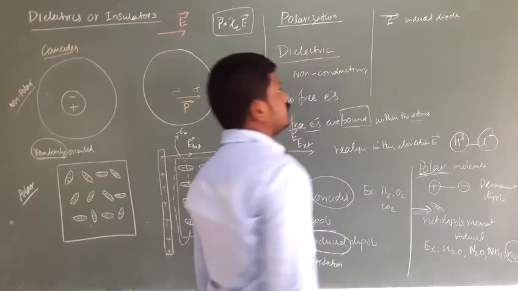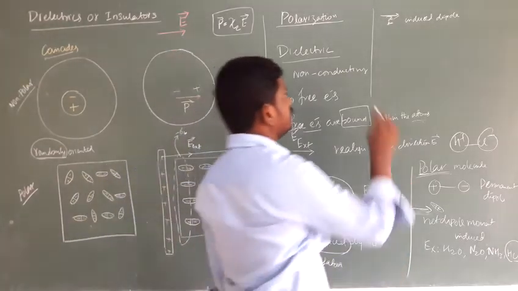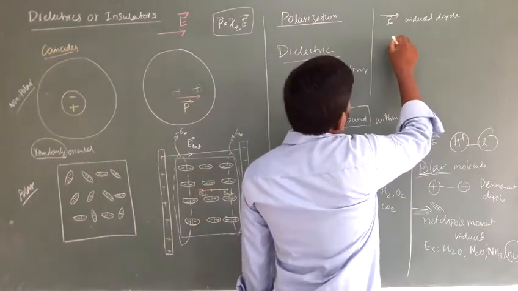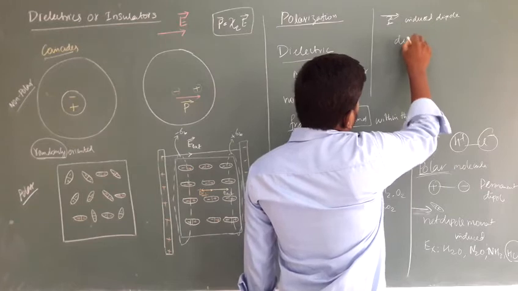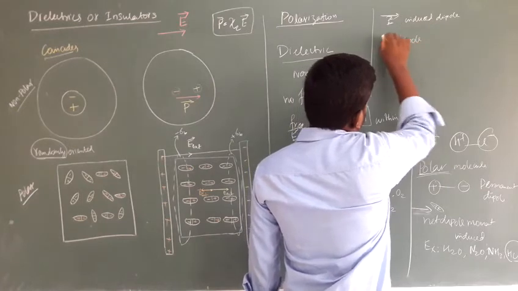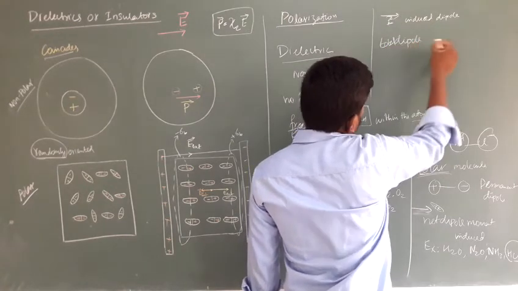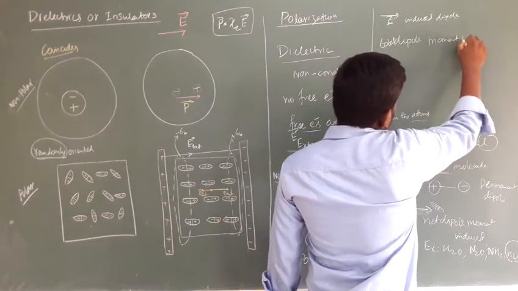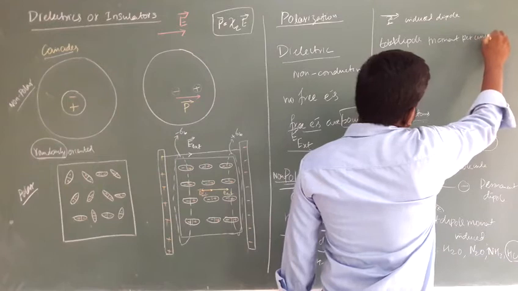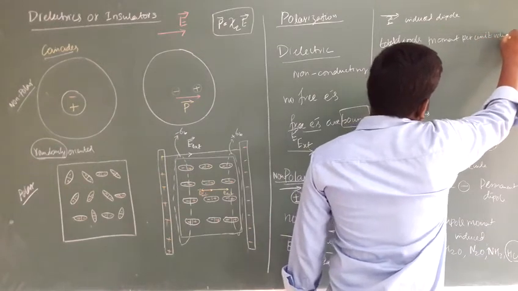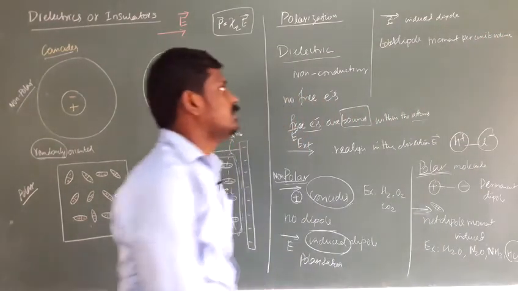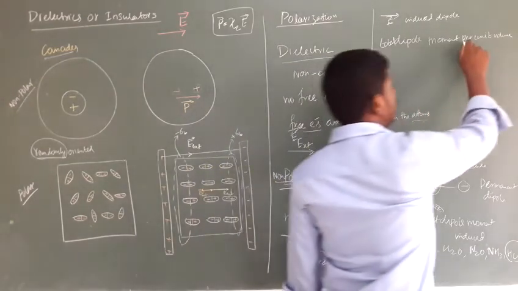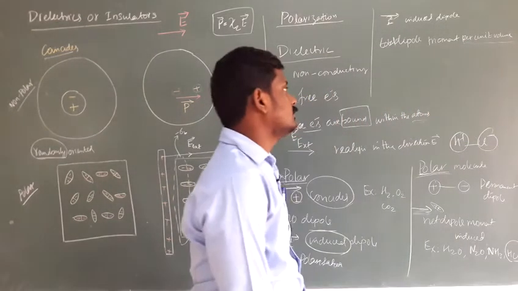Polarization is defined as the total dipole moment per unit volume of a dielectric.